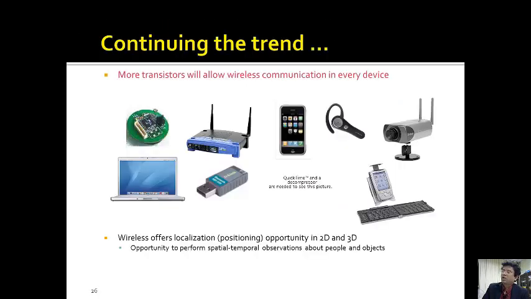More transistors will allow wireless communication in every device. So the moment you have more compute power in devices, more communications are also possible. We can integrate all the stack of communication into these small microchips, and anytime, anywhere, any object connection is possible.